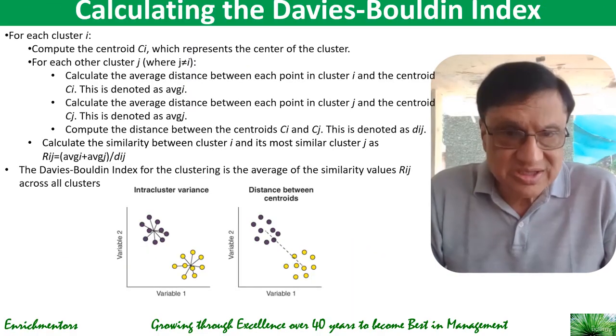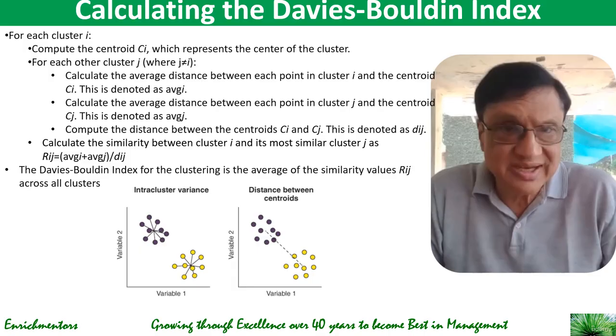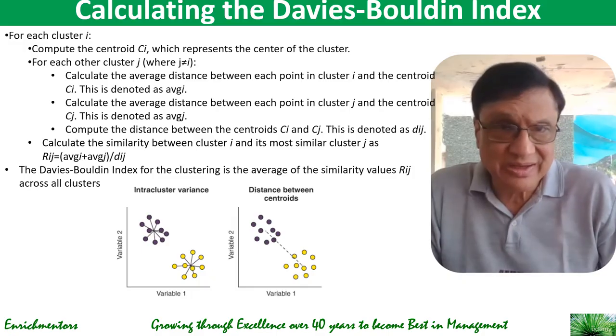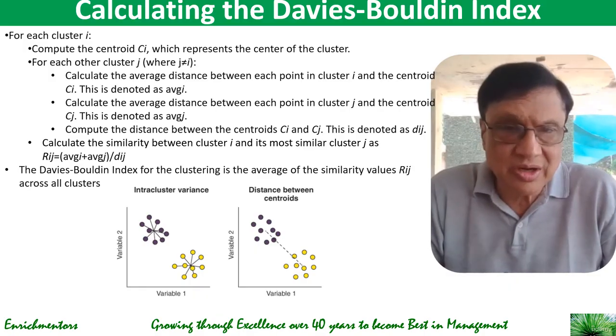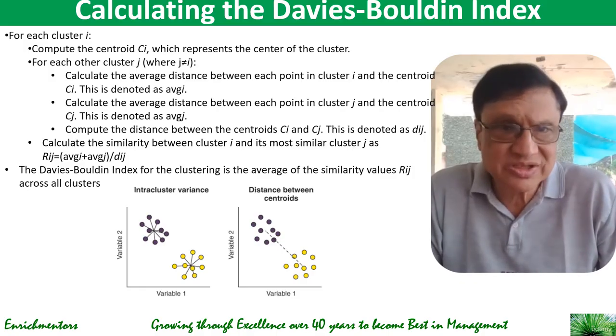For each cluster that you see here, you compute the centroid Ci for the cluster i, which represents the center of the cluster. Then for another cluster j, where j is not equal to i, you calculate the average distance between each point in cluster i and the centroid Ci, and this is denoted as average i.